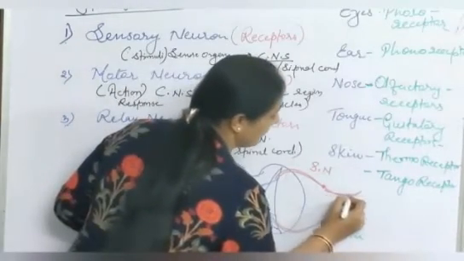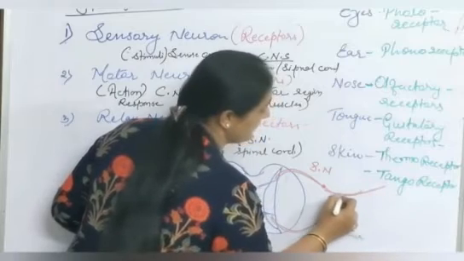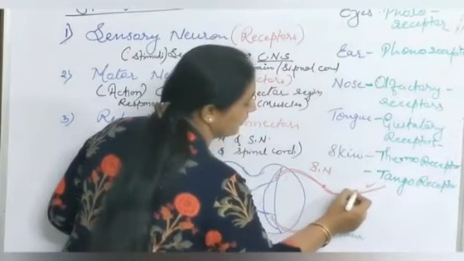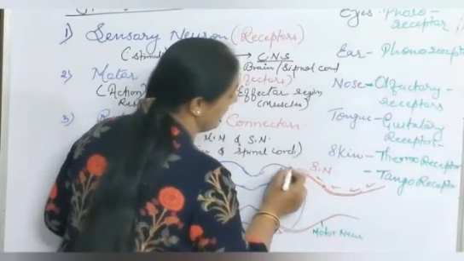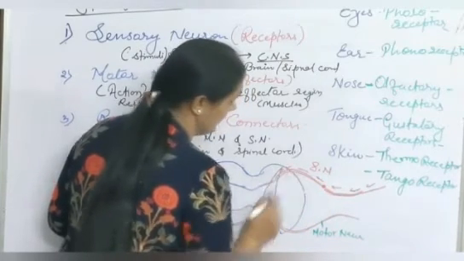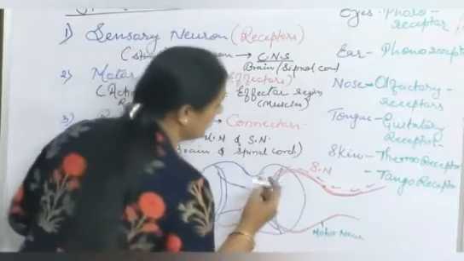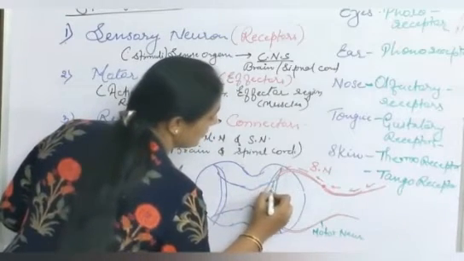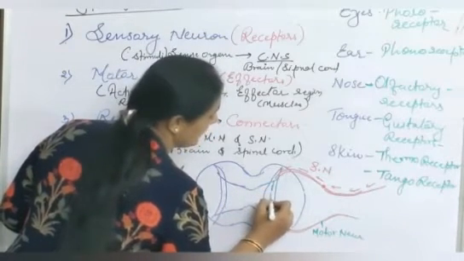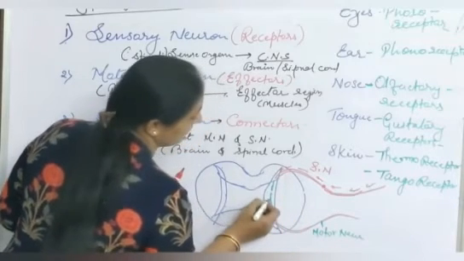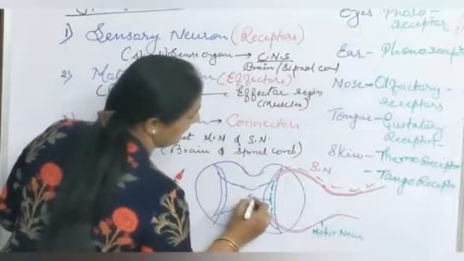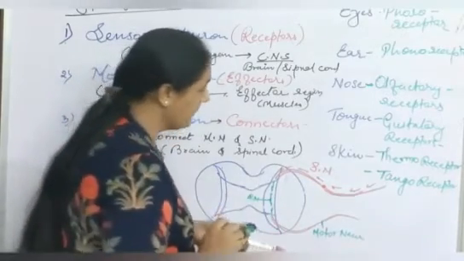Both run parallel. What will sensory do? Sensory will bring a message. The movement of sensory is like this. It brings stimuli to the spinal cord. In the spinal cord also, certain neurons are there. These are the relay neurons, what we call interneurons.